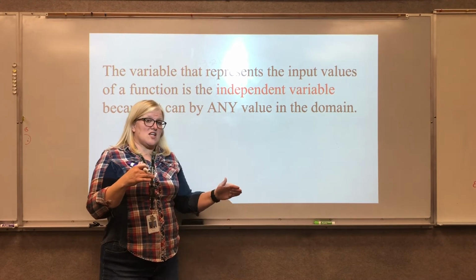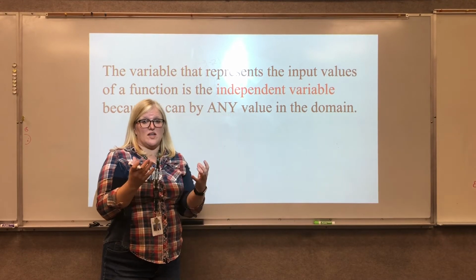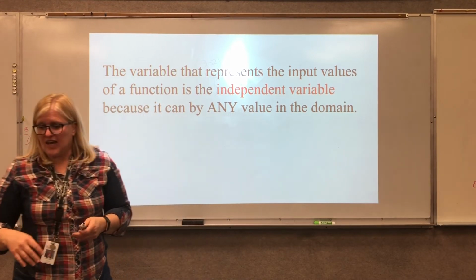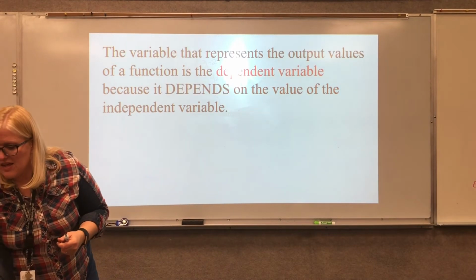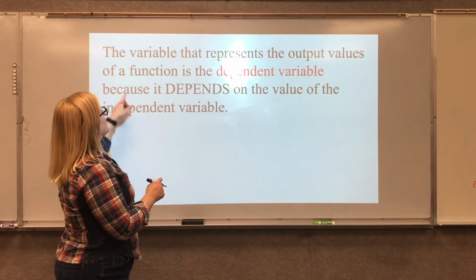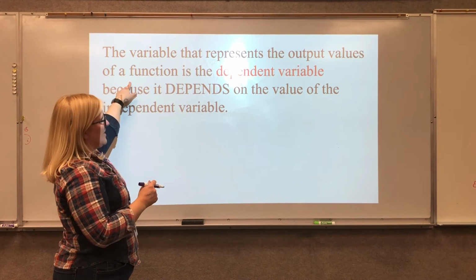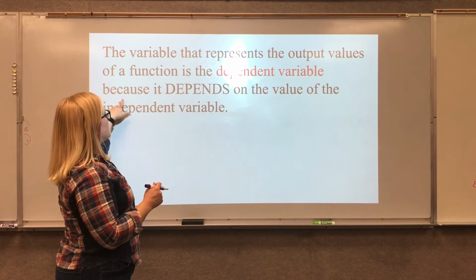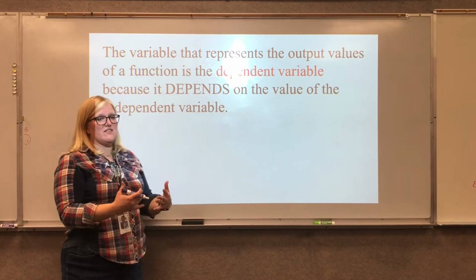But I don't necessarily have control of what's coming out because of what the machine is doing to those numbers. So the stuff I put in is the independent variable. The stuff that comes out is the dependent variable. The variable that represents the output values of the function is the dependent variable because it depends on the value of the independent variable.